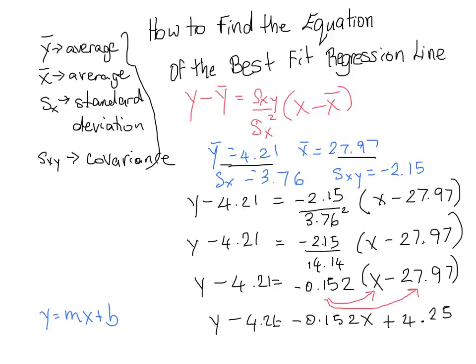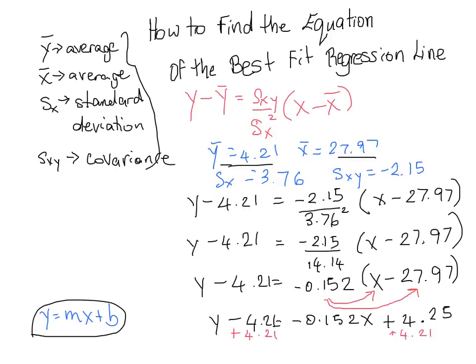So we're almost there. Again, remember we want it in this form, y equals mx plus b, but we have that 4.21 on the left side, so let's get rid of it. We would have to add that to both sides.